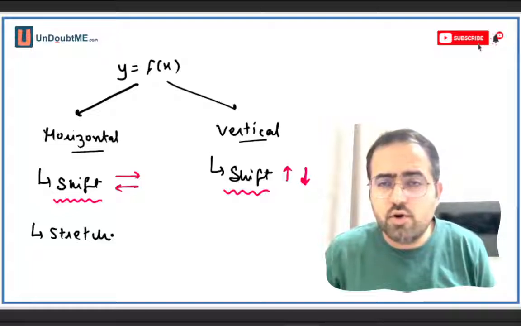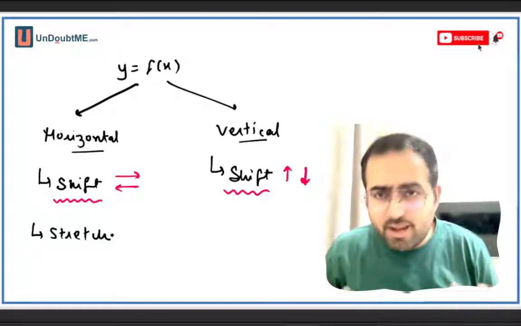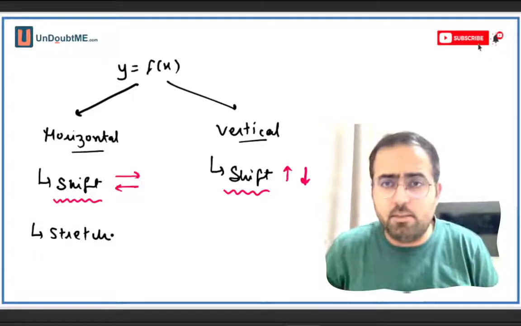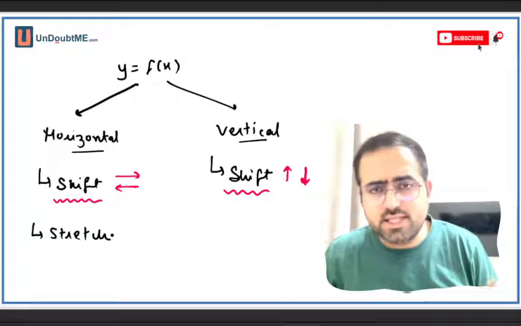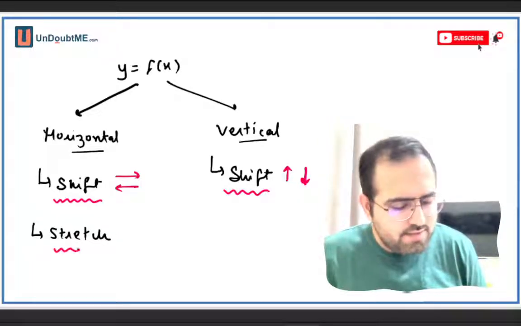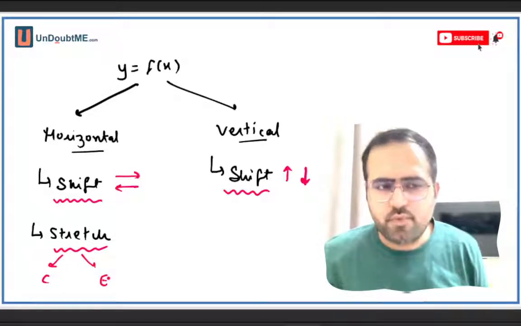Stretch means horizontally we are trying to stretch the function. Now this stretch can be done by either compression or by expansion. Both are categorized under stretch only. So the stretch will cover either compression or expansion.